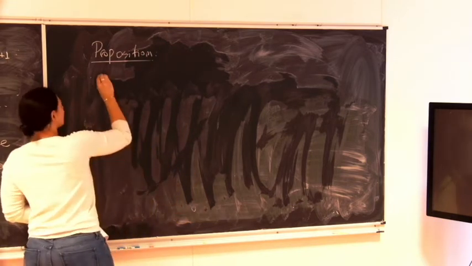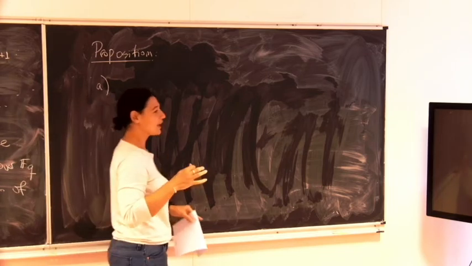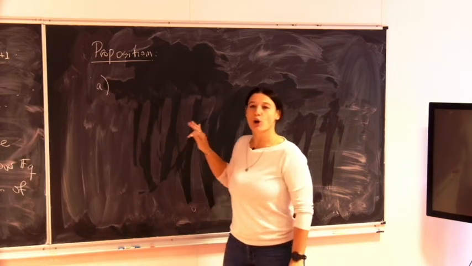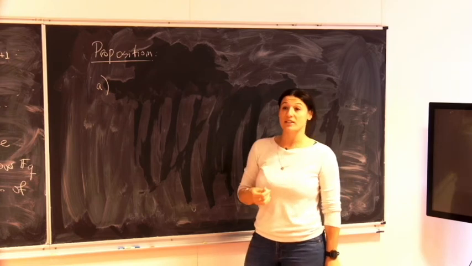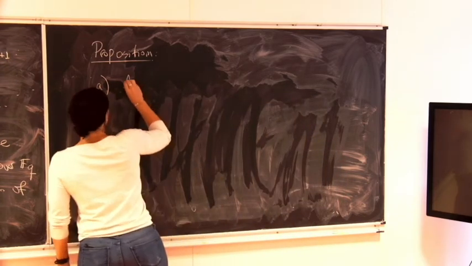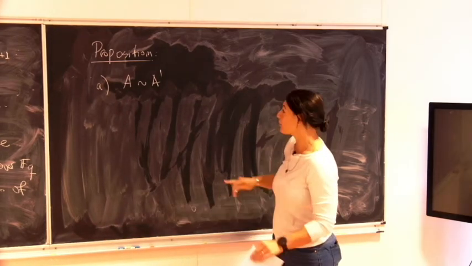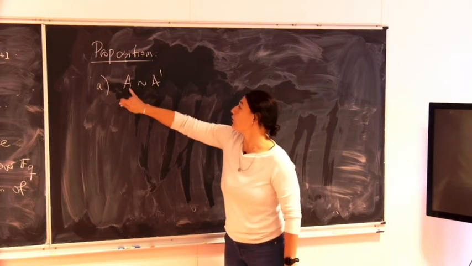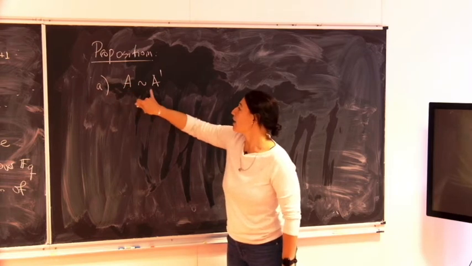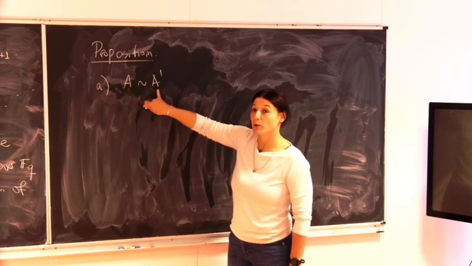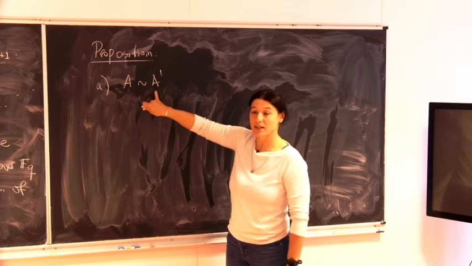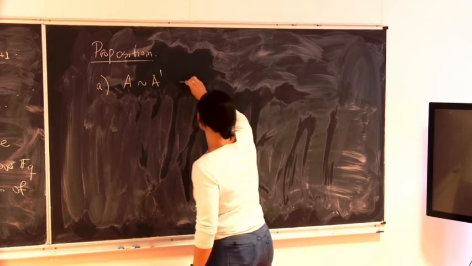The first one is, more or less, taking into consideration all of the previous results that we have already seen. If A is equivalent to another divisor A prime, we saw that the Riemann-Roch space of A was isomorphic to the Riemann-Roch space of A prime, so the dimensions have to be the same.